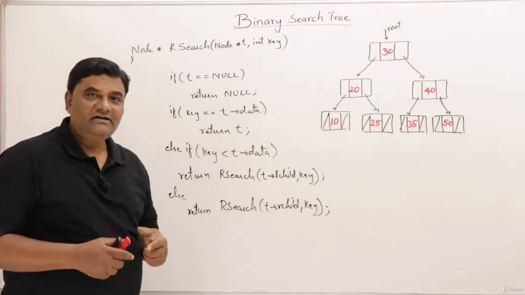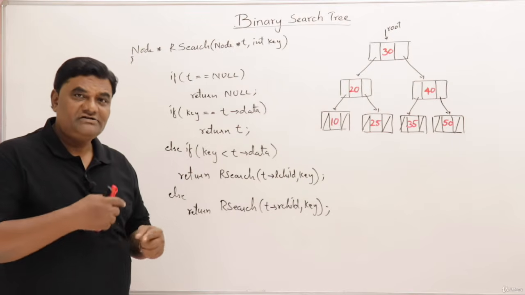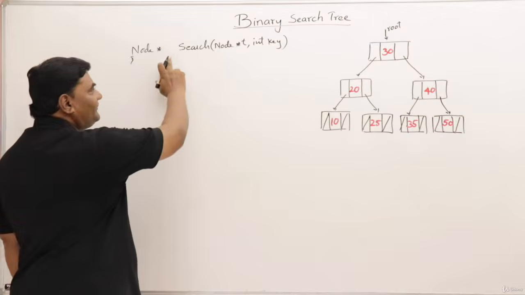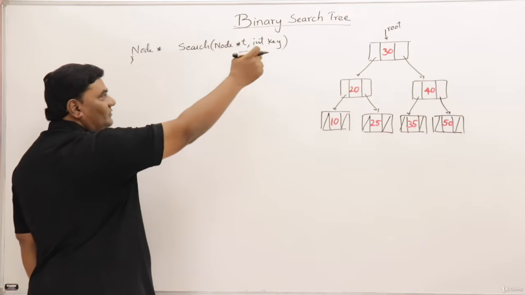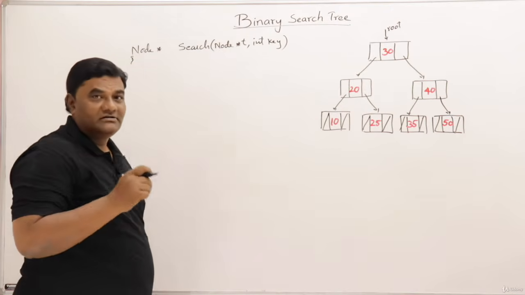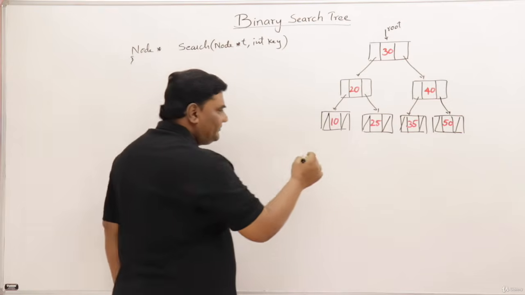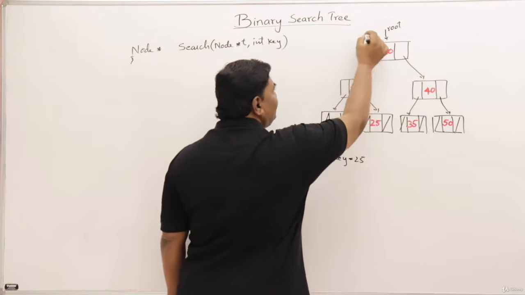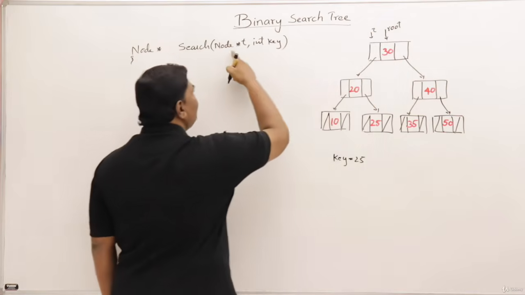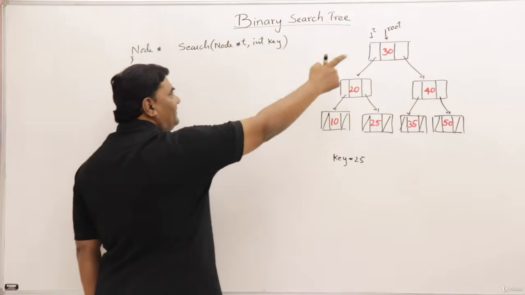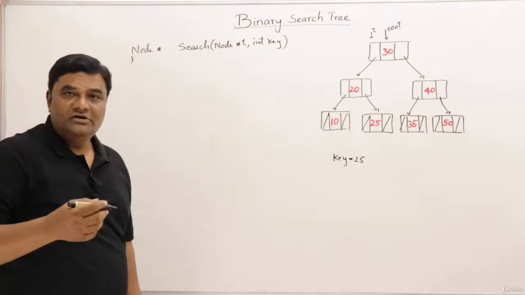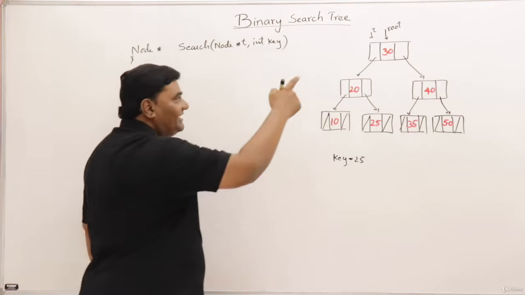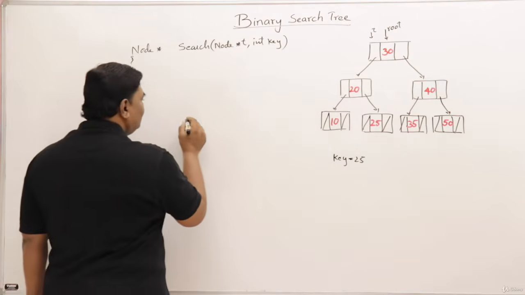Now let us look at the iterative function, that is, using a loop. The search function takes a pointer to a root node and the key that we want to search. Suppose we want to search for key 25, then t starts from the root. When we call this function, we'll be passing root to this function. Every time, check the data with the key.